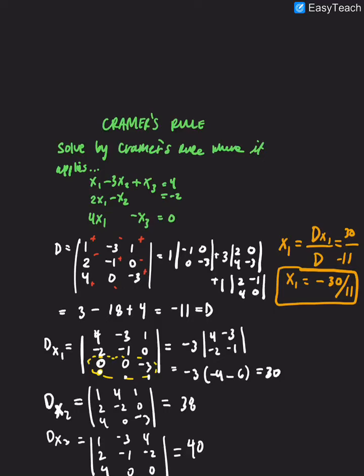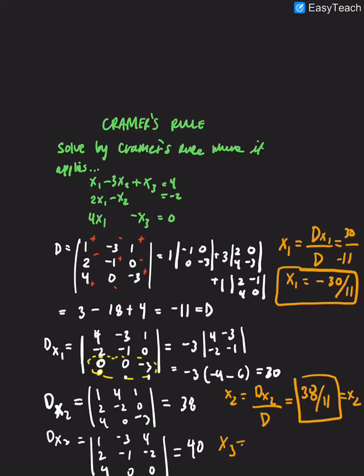Okay, so same thing with x2. x2 is equal to dx2 over d. And you get 38 over 11. Perfect.